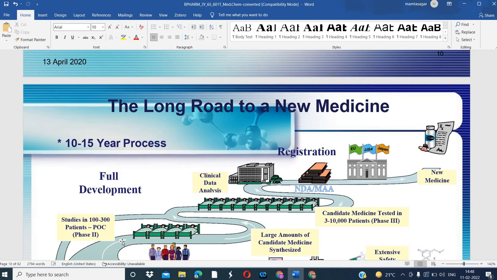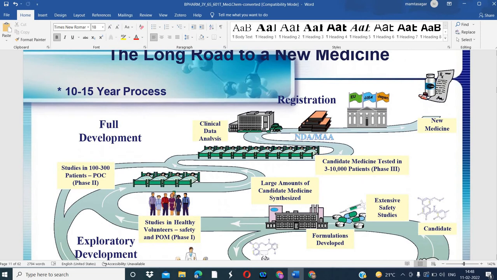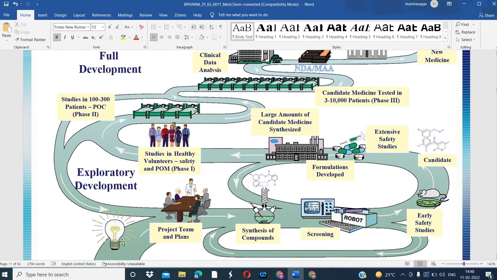So there are multiple steps. So we test the candidate medicine in 3 lakh patients. Okay, so a large amount of candidate medicine is synthesized.